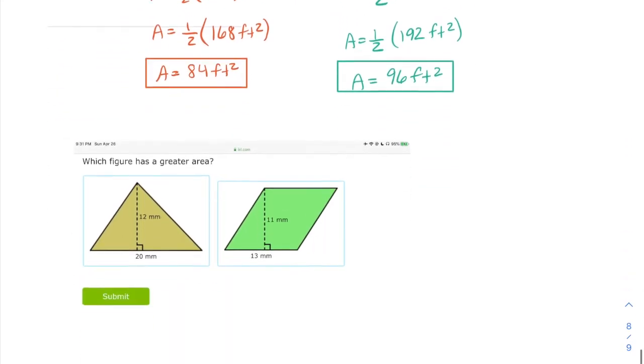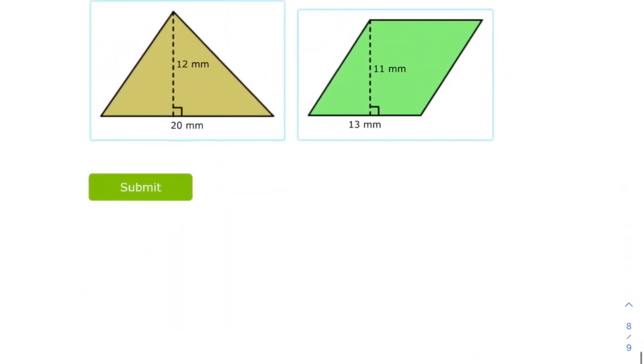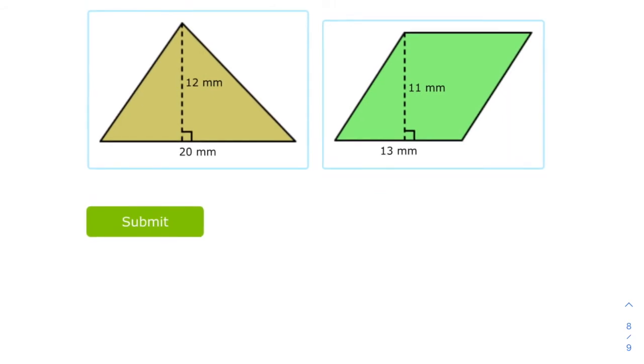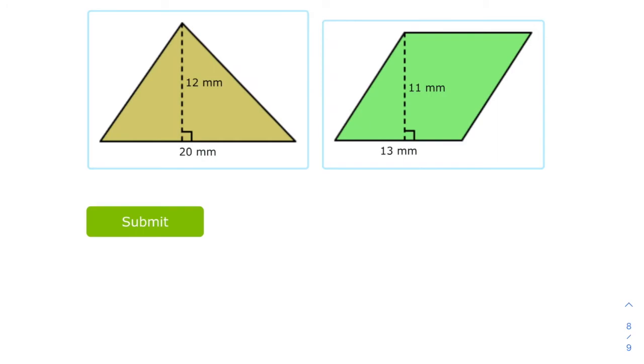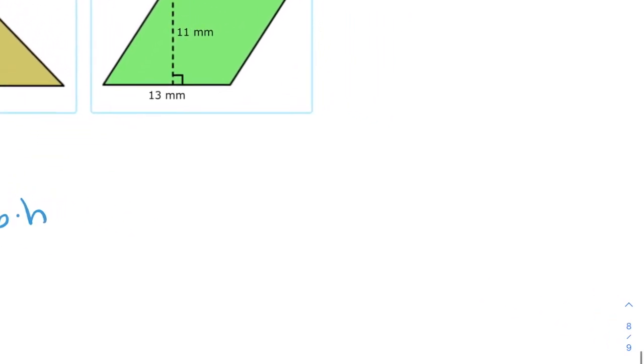Okay. And the last problem, ooh, be careful. One of them is a triangle, so it's going to be 1/2 base times height, while the other one is a parallelogram, so it's going to be base times height.